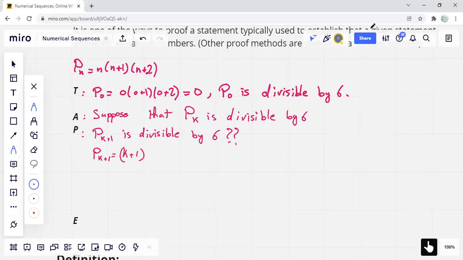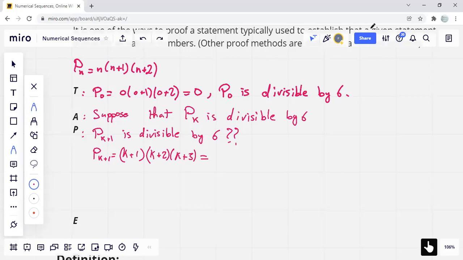So instead of n, we are putting k plus 1. And this plus 1 will be k plus 2. The same goes for the third one, k plus 1 plus 2, so k plus 3.